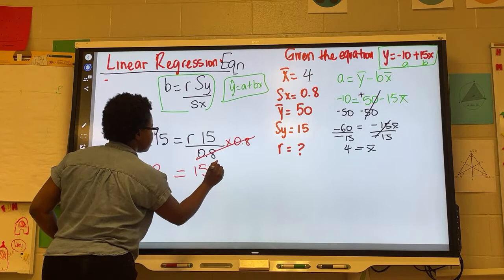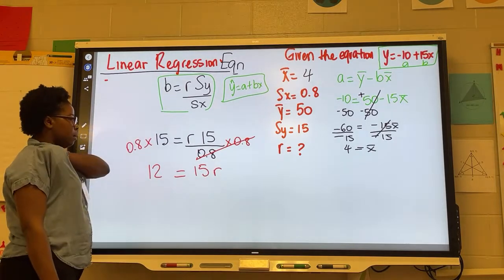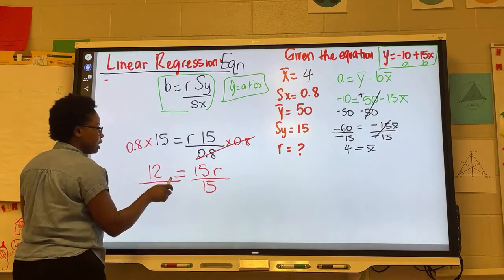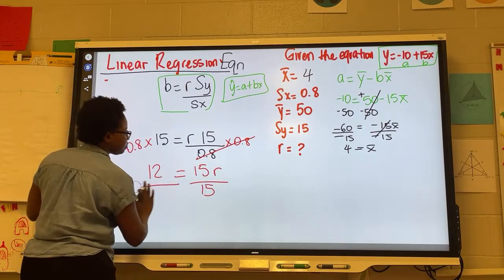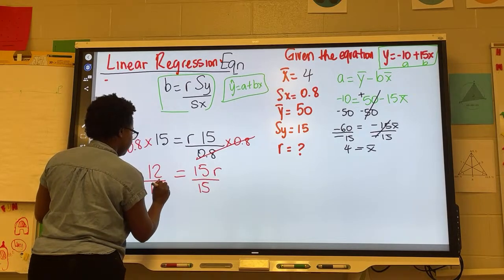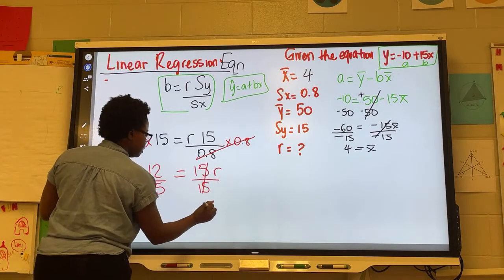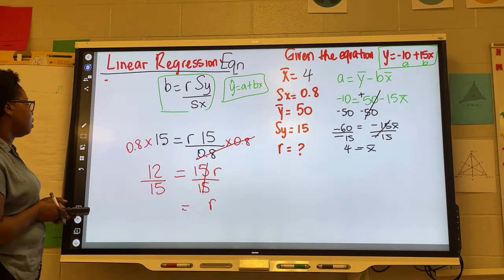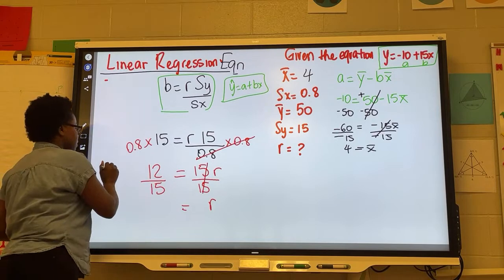Let's put the number first, 15R. From here, all we have to do is divide by 15 on both sides, since they are multiplying. So divide 15 here, divide 15 here. That cancels. R is equal to 12 over 15. So that's 0.8.